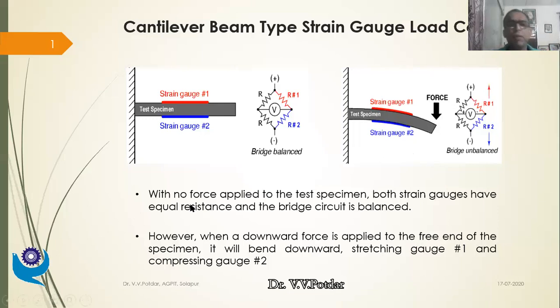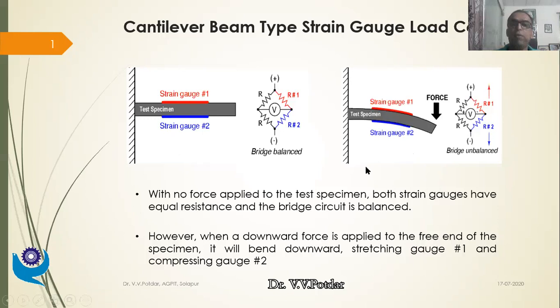Just read out: with no force applied, left figure, no force applied to the test specimen, both strain gauges have equal resistance and the bridge circuit is balanced, so there is no output. However, see the right hand figure.